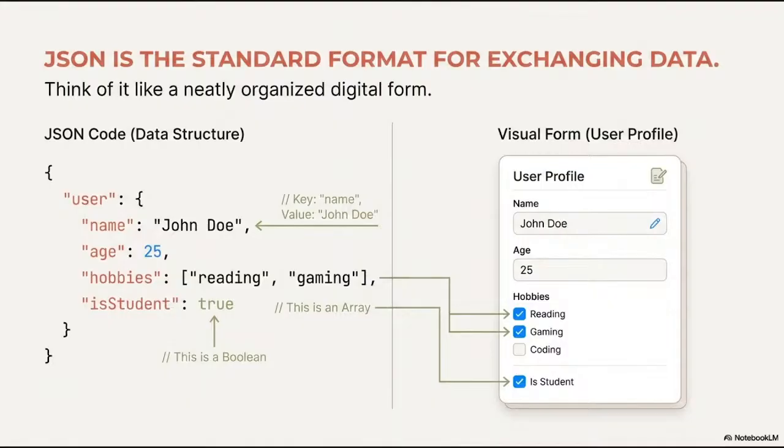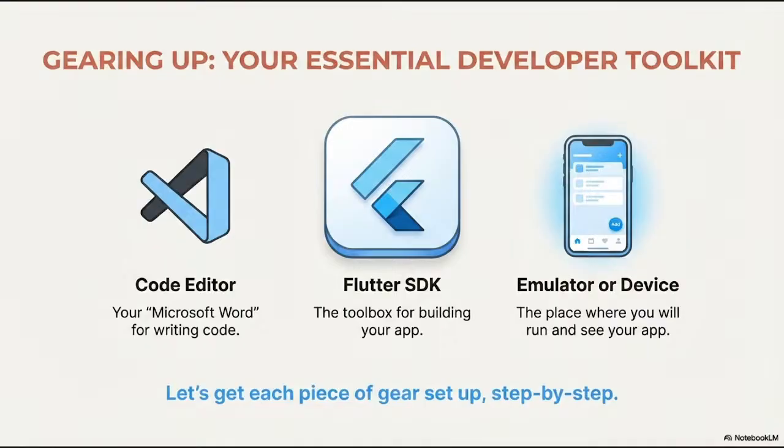Now moving on to the next part, which is tool setup. So gear up, your essential developer toolkits are on the way. Basically we are using three types of tools: code editor, Flutter SDK, and device emulators.